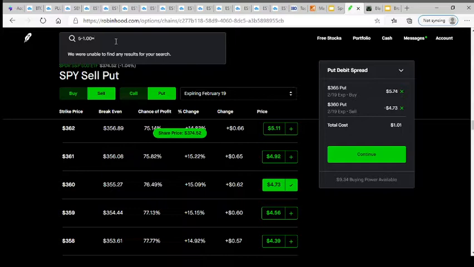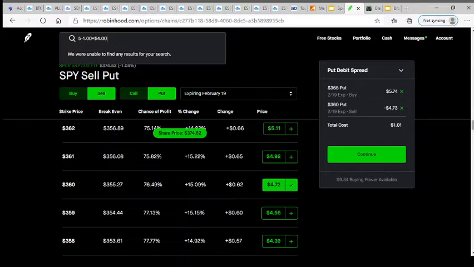So this brings us to our maximum loss, $4. I know people think, well, I'm risking $400 to only make $100. Yes, you are.